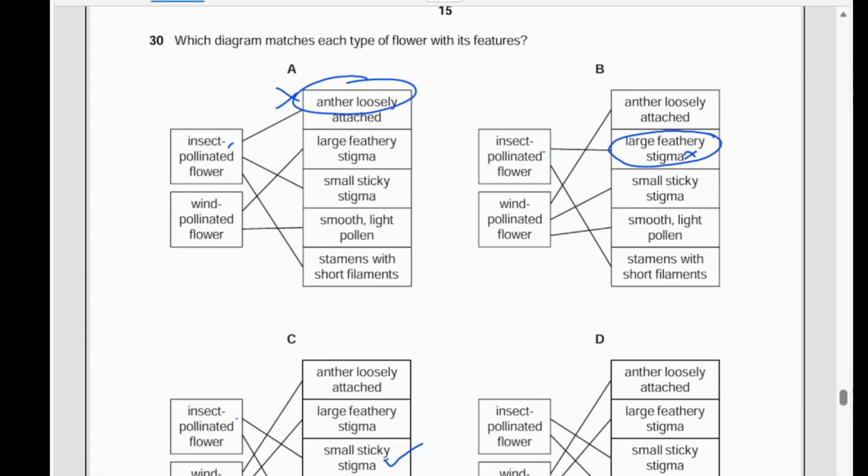Yes, it can be because the insect has to land on it, so it would be short. Wind pollinated are loosely attached. Yes. Wind pollinated are large feathery. Yes. Wind pollinated are lightweight. Yes. So I guess it's C. We can move to D as well. Okay, small light pollens. Light is not a feature of insect ones. So the only correct option is C.